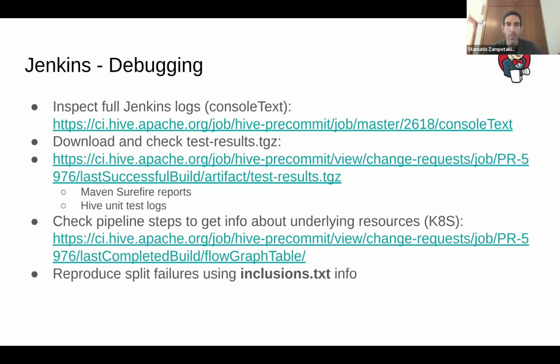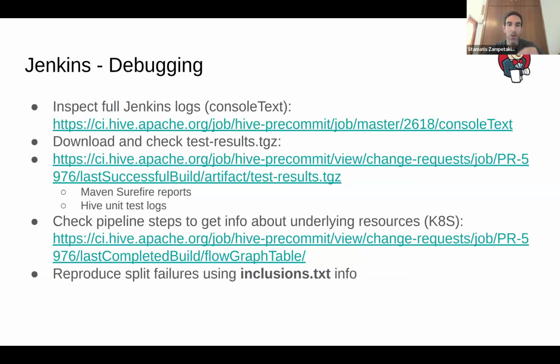Another useful thing for debugging purposes is the inclusions txt file. As we have seen previously, the unit tests and the Q tests are split into 22 parts. There is a Jenkins plugin that does this, and basically what it does is generate 22 inclusion txt files that are passed to the Maven Surefire plugin.